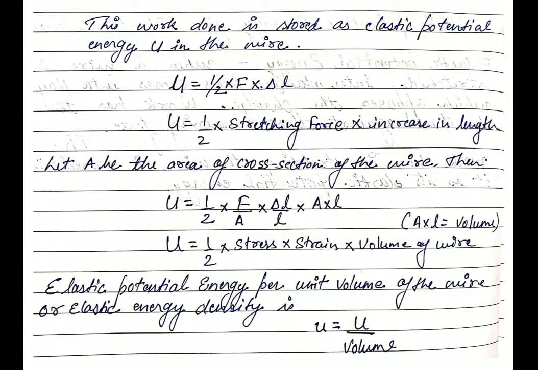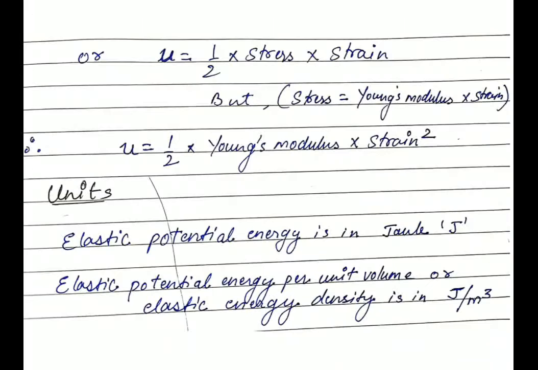If you write it as elastic potential energy per unit volume, that is elastic energy density, represented by small u equal to elastic potential energy upon volume, the expression becomes small u equal to half stress into strain.